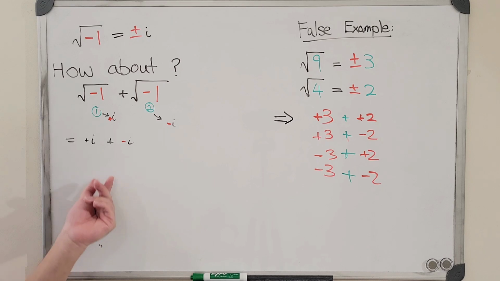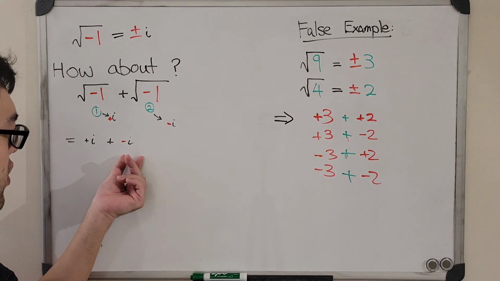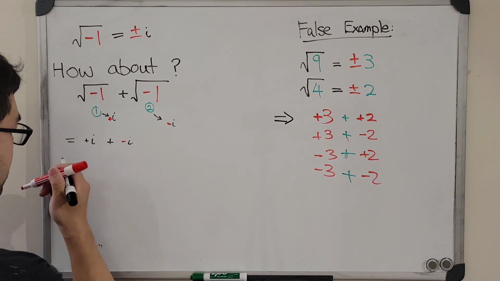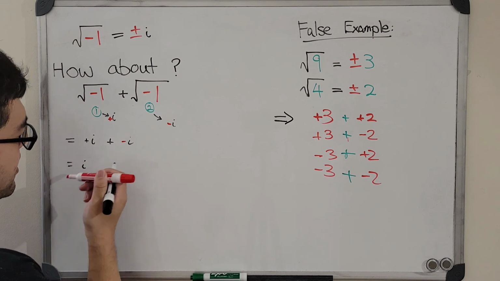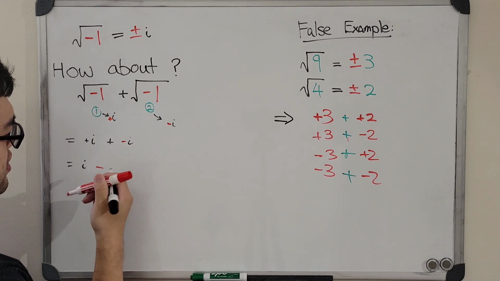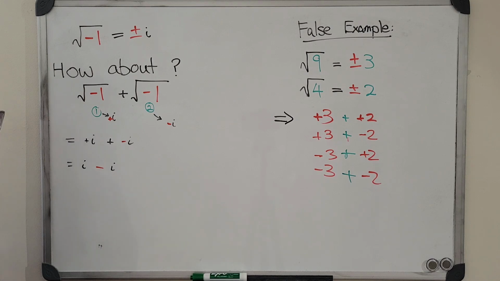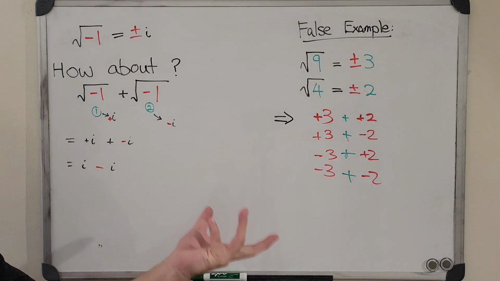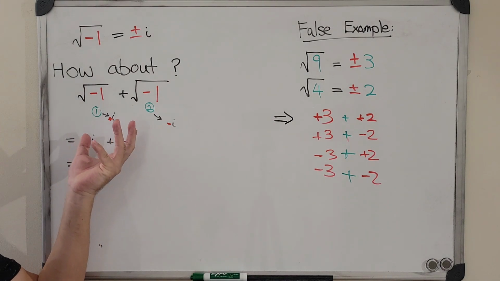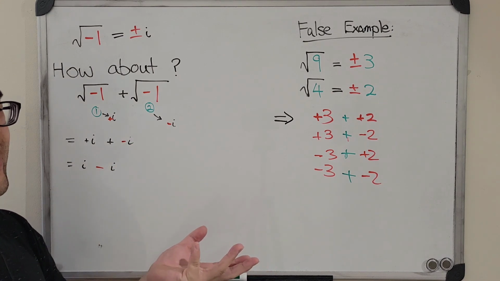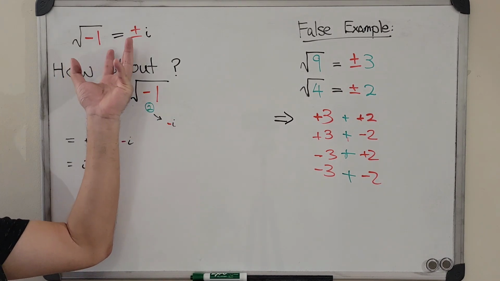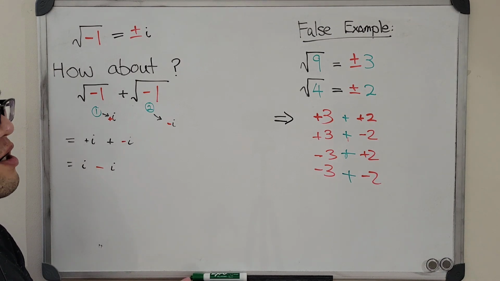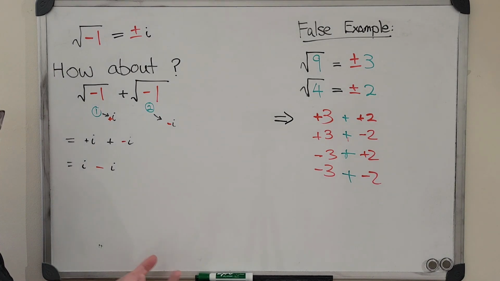But what's positive i plus negative i? Well, it's just i minus i, right? Where i, again, is the imaginary unit, which is just a symbol to refer to something not on the real line. You can treat it similar to a variable in algebra.